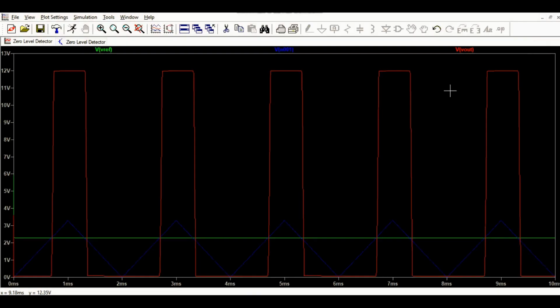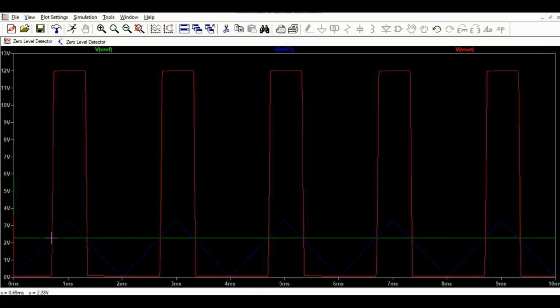Now let me zoom it. You can see here in a wider screen. For the time period here to here, your input signal, this is a positive going ramp, is less than the reference signal, so your output is 0 volt. Now at this point, your input signal is exceeding the reference voltage.